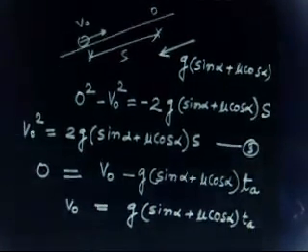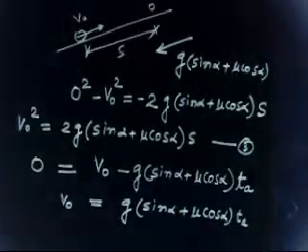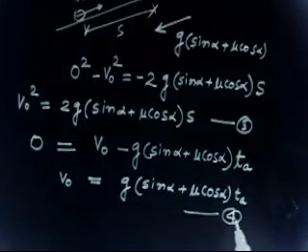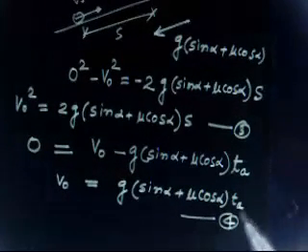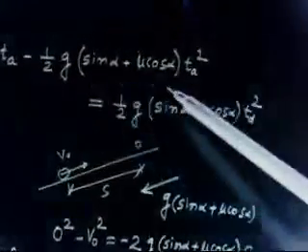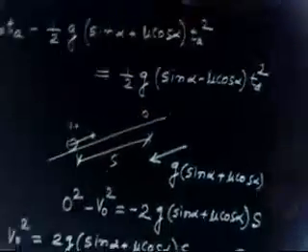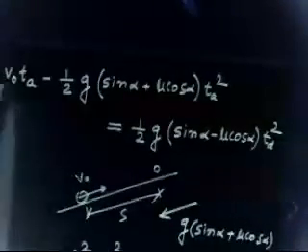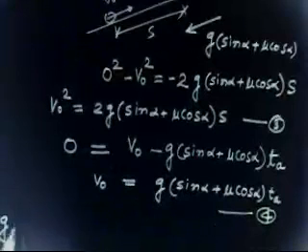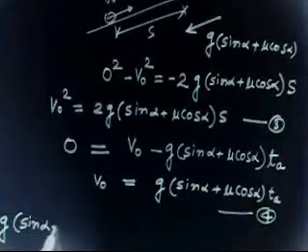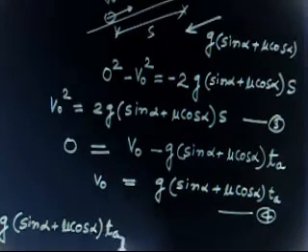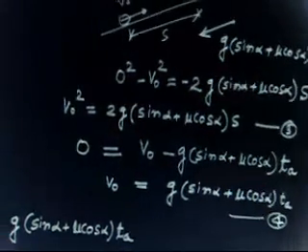Are you getting it? So let us copy this one. Let us call this equation number 4. I can put the value of V naught in the earlier equation. V naught is g sin alpha plus mu cos alpha into t a.